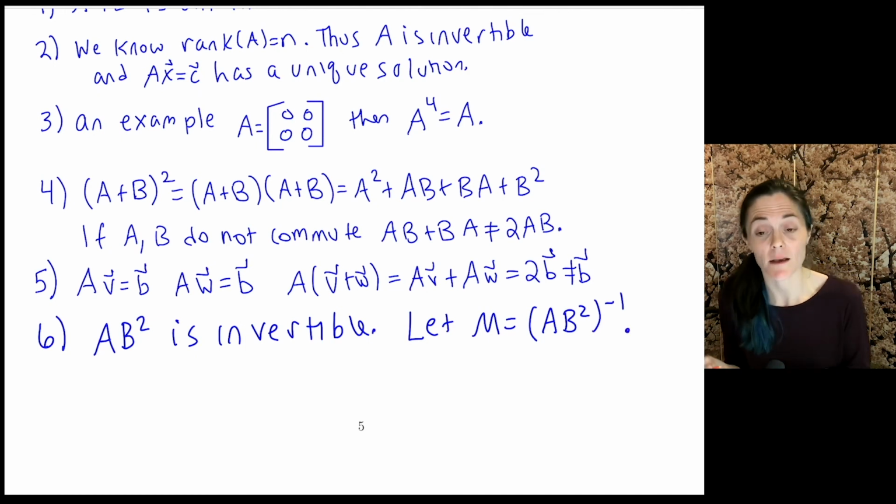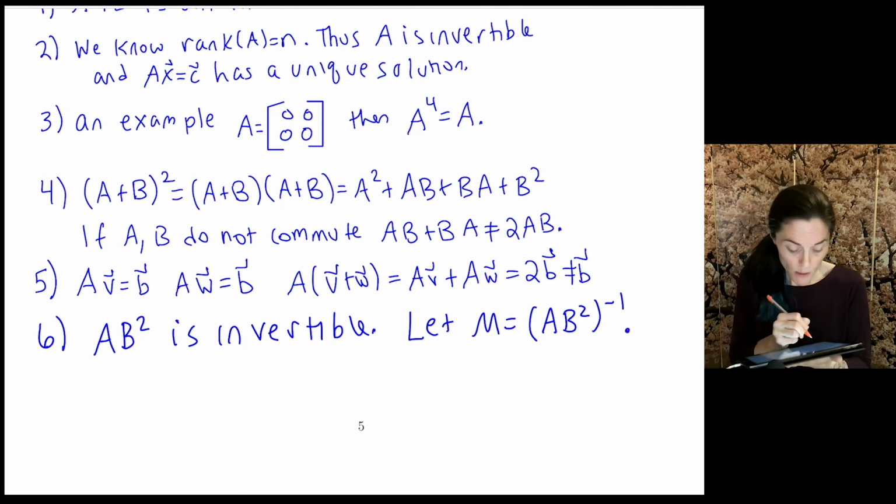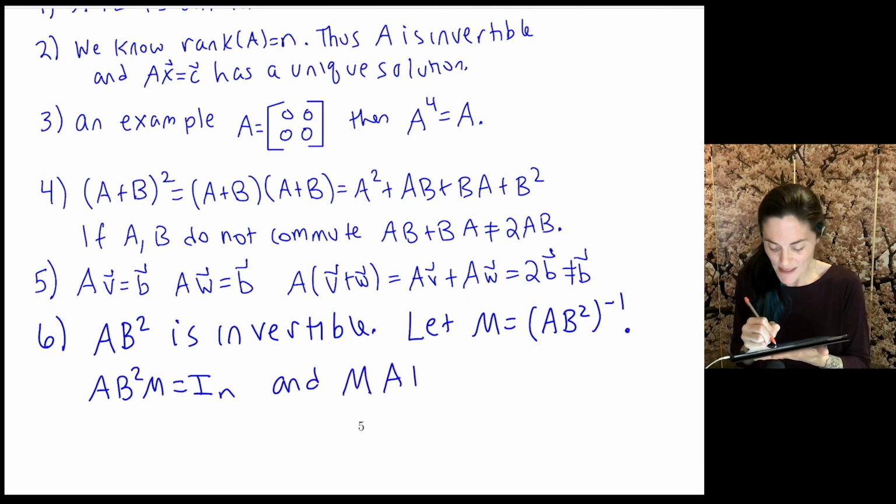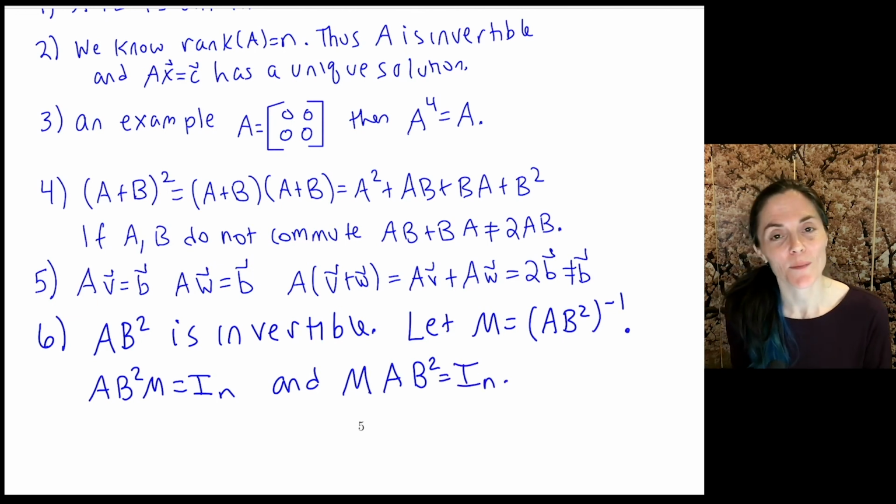I'm just calling it M because it's going to make my life easier. So in particular, I know AB squared M is the identity, n by n. And if I multiply in the other order, M AB squared is the identity. How can I get that A and B are invertible? All I need to do is just group here.